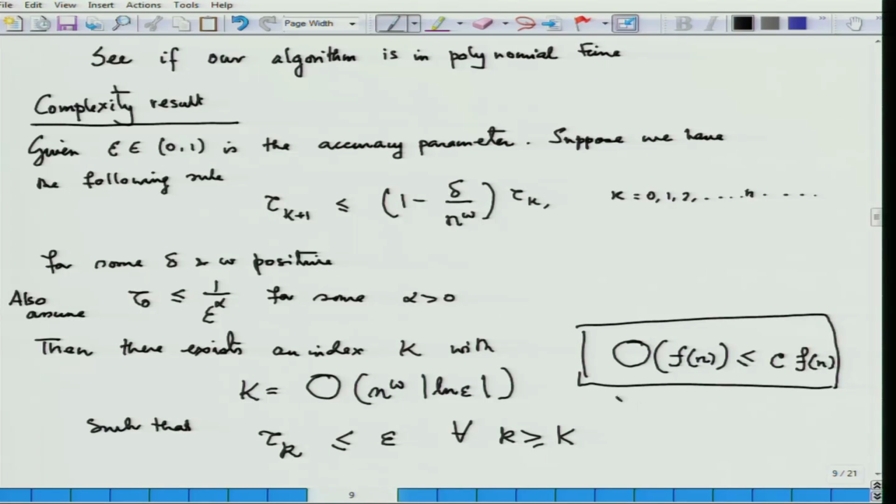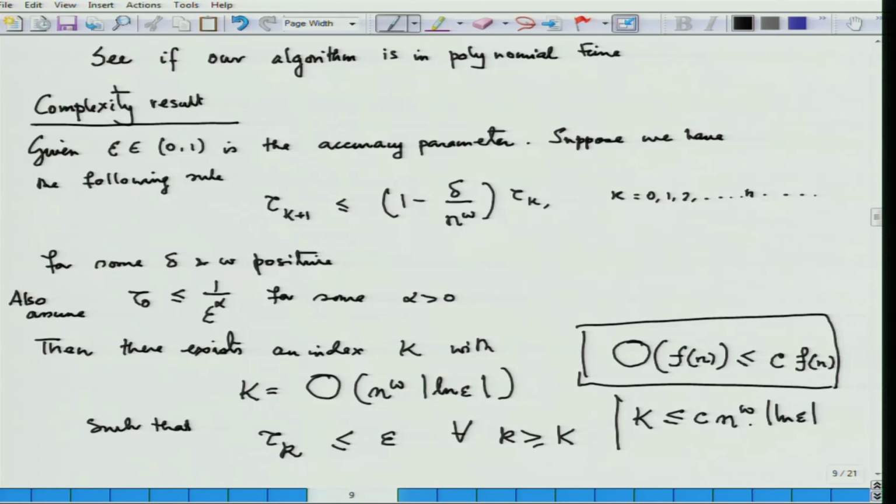So, I can say that k is actually like this, some constant which, let us for the time being, of course, we do not know the constant. So, k is not more than this. So, within this number of steps at the max you will reach this conclusion. So, that is what it tries to say.